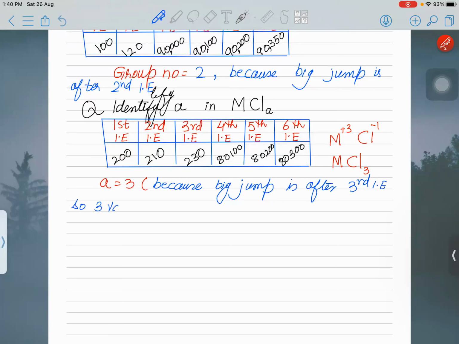So 3 valence electrons, belong to group 13 with +3 charge.